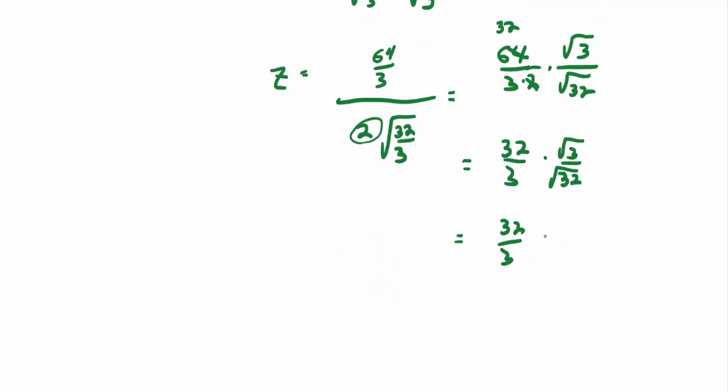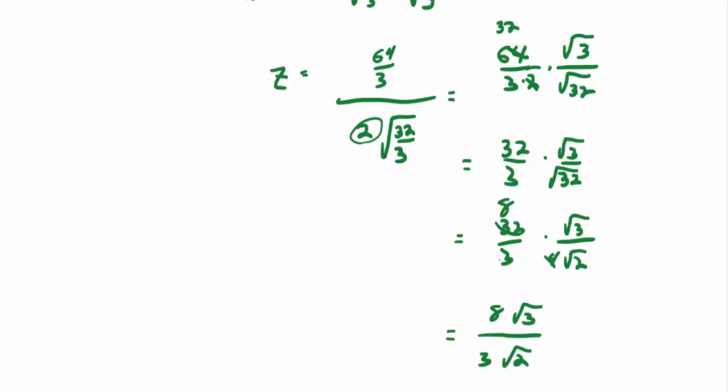Well, what is this guy rationalized to be? What can we pull out? Root 16, so 4 root 2, and that'll be 8. Man, we should just check the decimal, huh? So 8 root 3 over 3 rad 2.